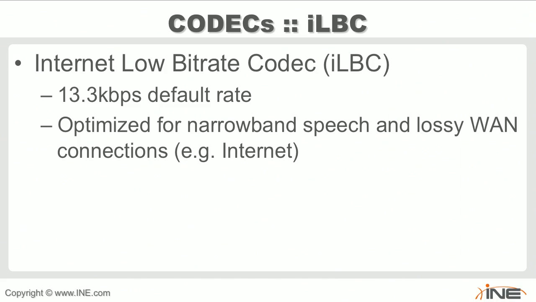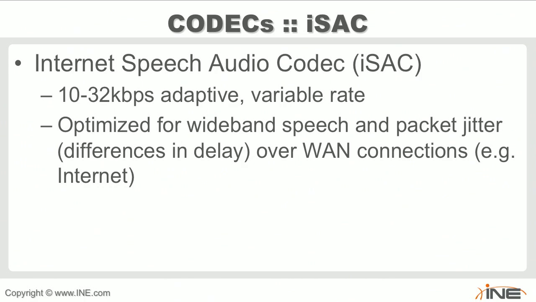And when I say high packet loss, we're talking anything over 1% packet loss, but the internet as a WAN connection. And so it's optimized for that. It's got great dejitter buffers that can handle buffering and putting the speech back together at the receiving side. There's also something known as the iSAC, or Internet Speech Audio Codec.